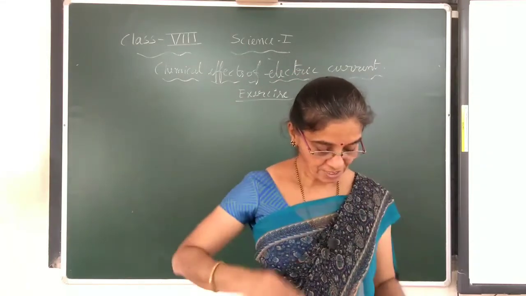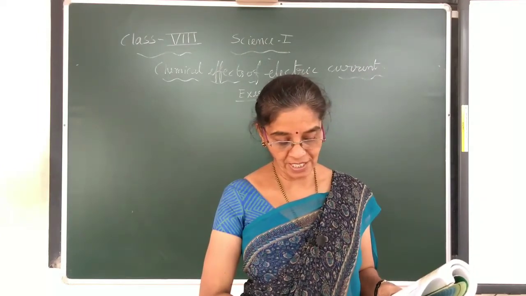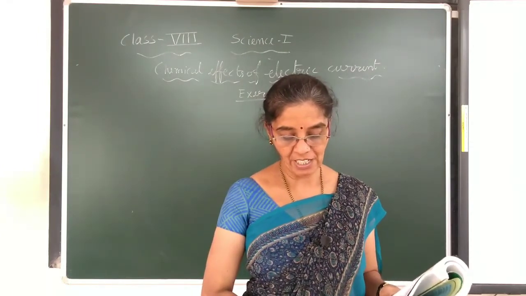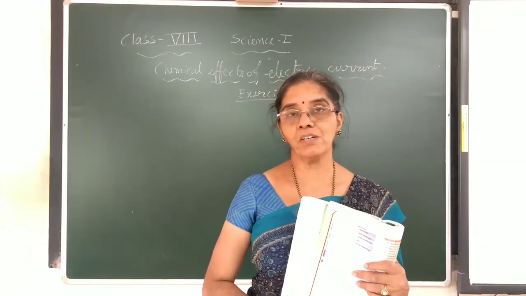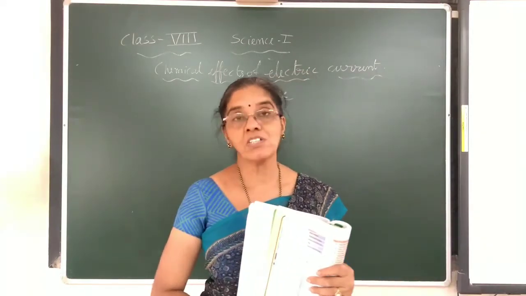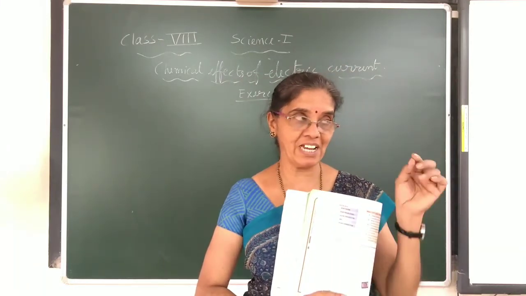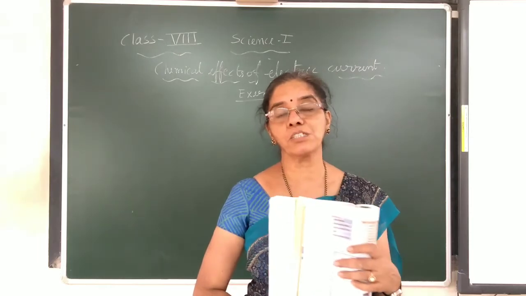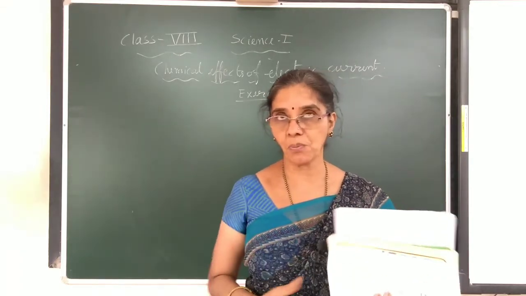Okay. Next one, prepare a list of objects around you that are electroplated. You know that when current is passed through a salt solution, the metal at the anode dissolves in the respective salt and collects at the cathode. That is called electroplating.